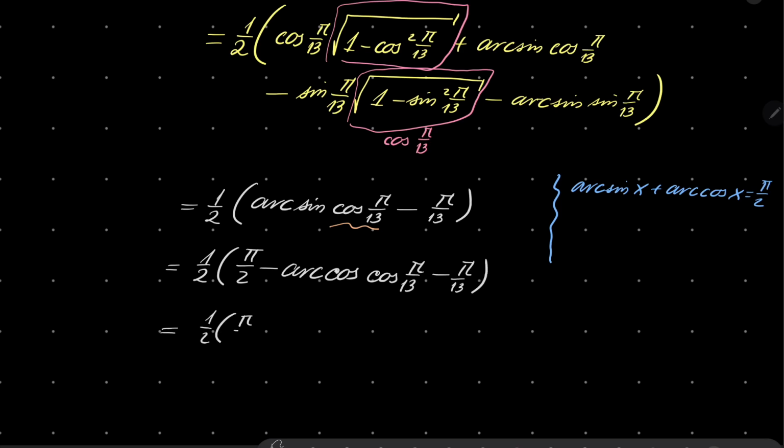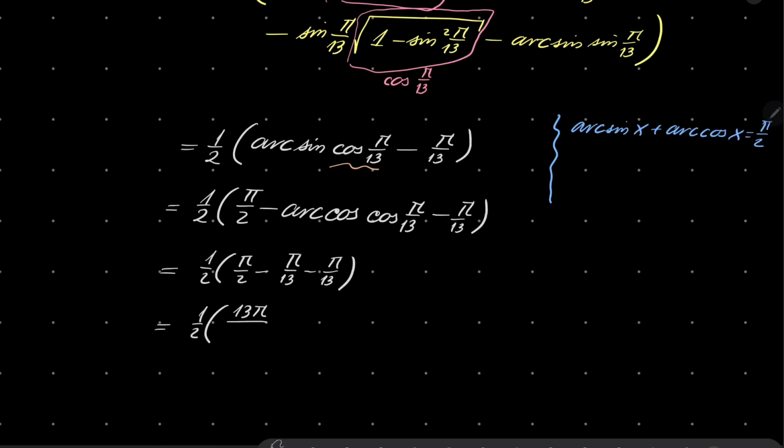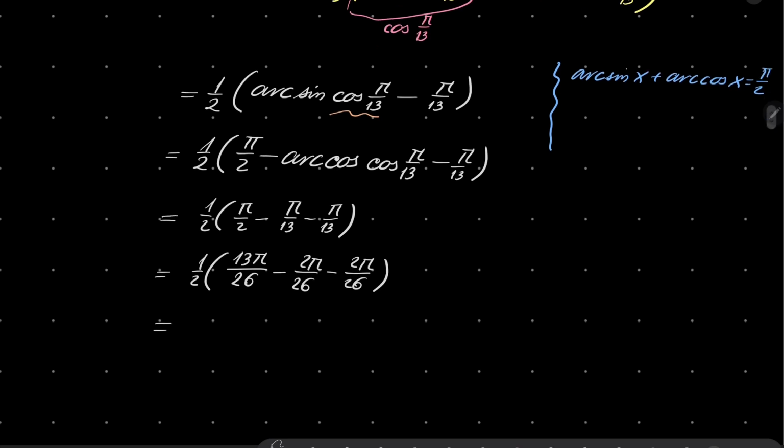Which is good news, because arc cosine of cosine is just the argument. Alright, so it's 1/2. Now let's make a common denominator. Common denominator will be 26. So we have 13 pi over 26 minus 2 pi over 26 minus 2 pi over 26. So it's just 9 pi over 26, over 2, so 9 pi over 52.